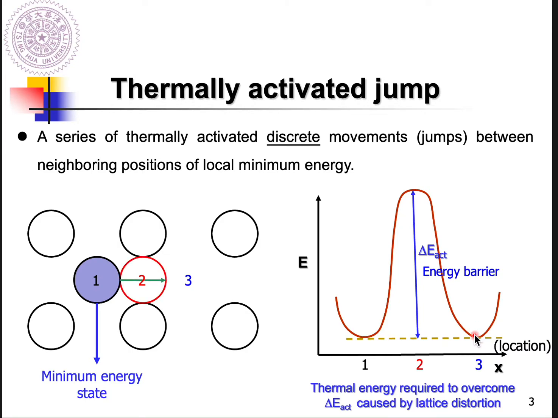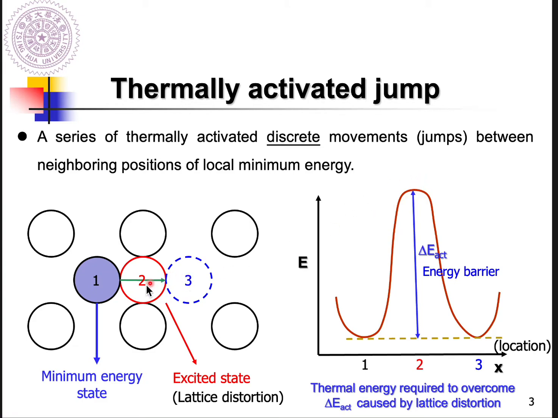If this purple atom moves to location 2, that will cause a local lattice distortion. So we call this an excited state with higher energy, and then it can make a successful jump to location 3.